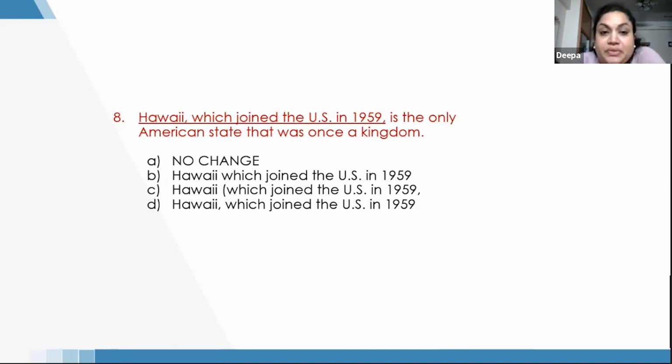Now here, as we were discussing, if this is a modifier placement, we should not have commas. That option is here. And if you are looking for a parenthetical element, even then we have 2 commas. So no change can also be an answer, B can also be an answer. But because we are doing a parenthetical element, we'll go with no change.